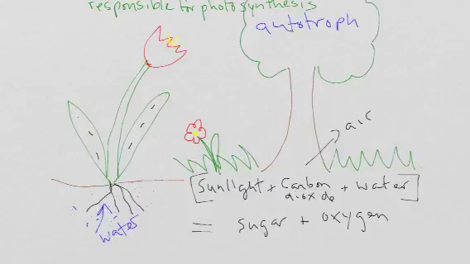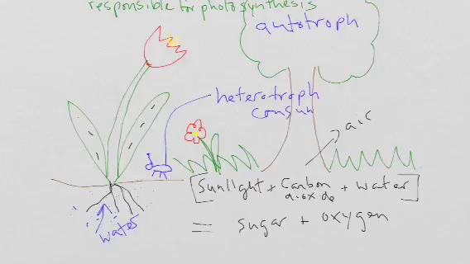If I am a heterotroph, if I've got a little, I don't know, a little insect here. 1, 2, 3. There we go. Okay, is that guy making his own food? No, he's got to eat it from somewhere else. Therefore, he is a heterotroph, also known as a consumer.